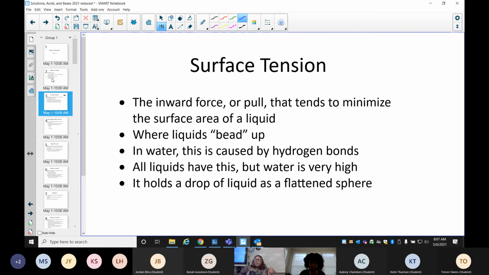We talked about, remember, surface tension was where the pull of the particles is being pulled in towards the middle of that droplet. Every liquid has surface tension, but water not only has surface tension, it has those hydrogen bonds, which gives it a stronger surface tension overall.